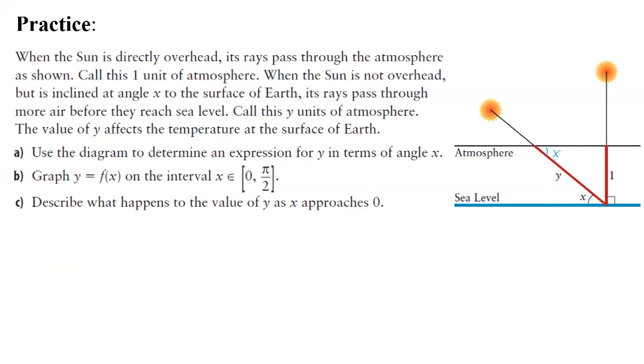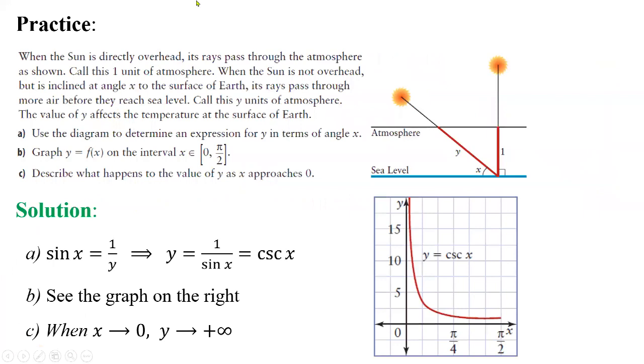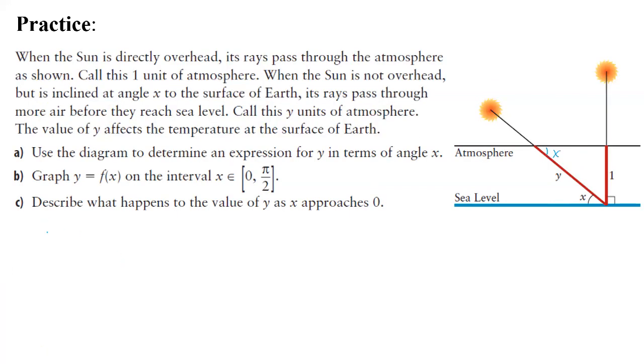So in this right triangle, we know that sine x equals 1 over y, right? And this gives us y equals 1 over sine x, which is cosecant x, right?